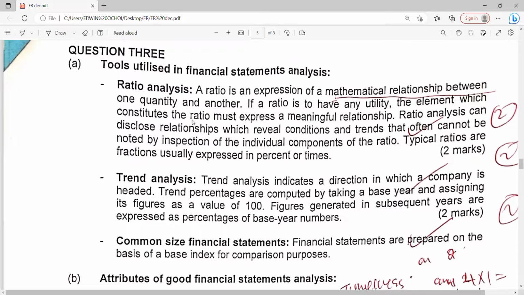Trend percentages are computed by taking base year and assigning its figures a value of 100. So figures generated in subsequent years are expressed as a percentage of base year's numbers, of which our initial year, we said is the base year. So we said that yesterday. Common size financial statements are prepared on the basis of base index for comparison purposes.